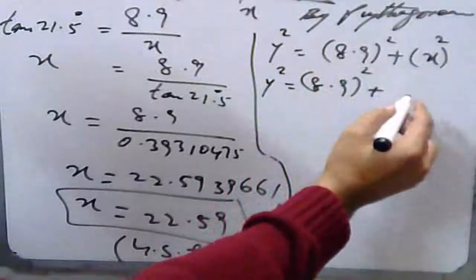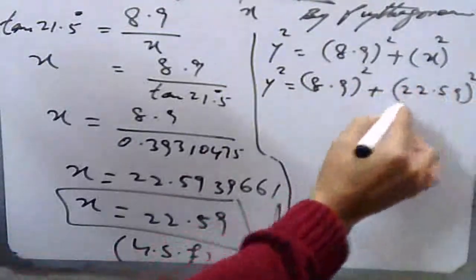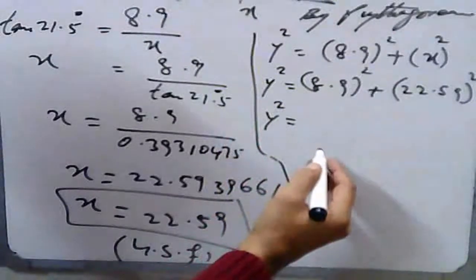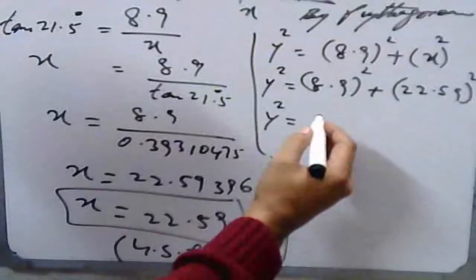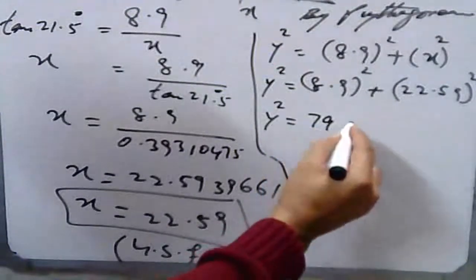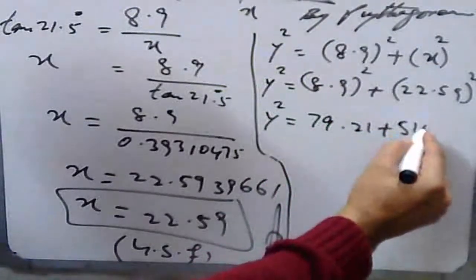Now we have just found the value of x. So what is the value of x? That is 22.59 square.